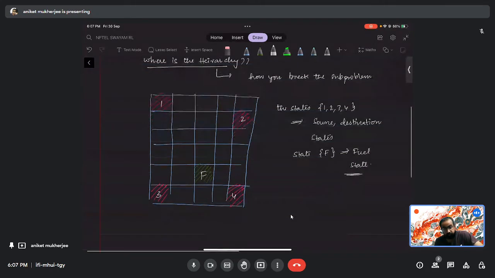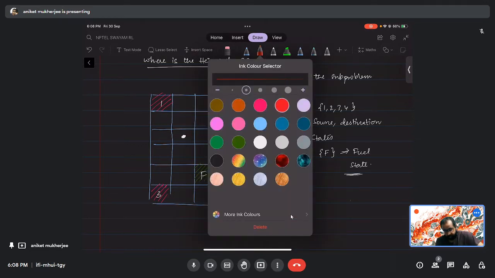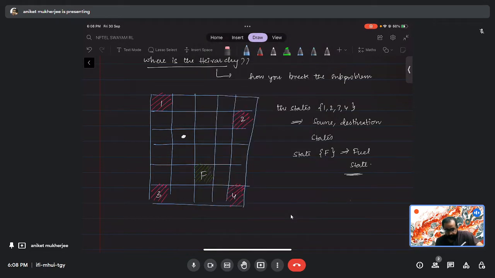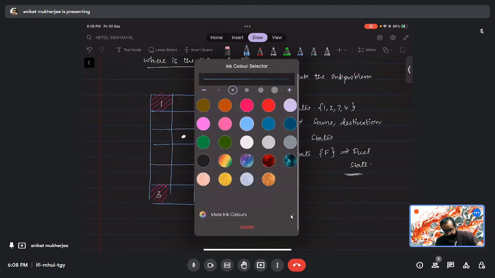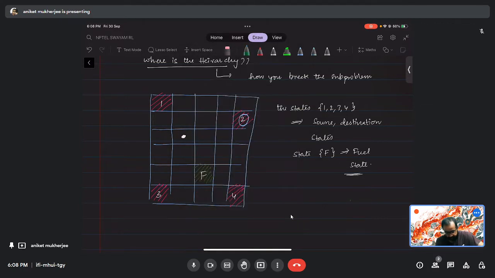Now suppose you are a taxi at one of the states. Once an episode of this grid world starts, a customer is randomly generated at any one of the states, either state 1, 2, 3 or 4. Suppose for one episode, a customer has been generated at state 2 and he wants to go to state 3.